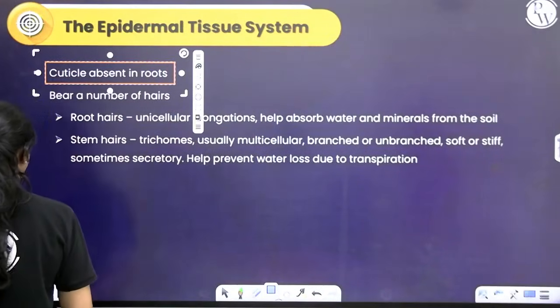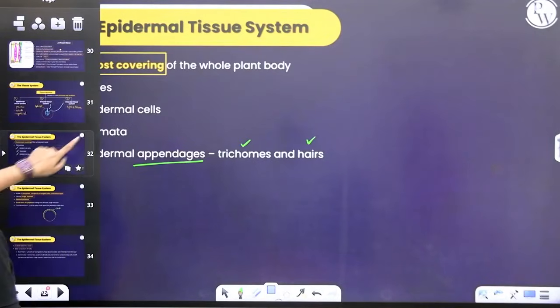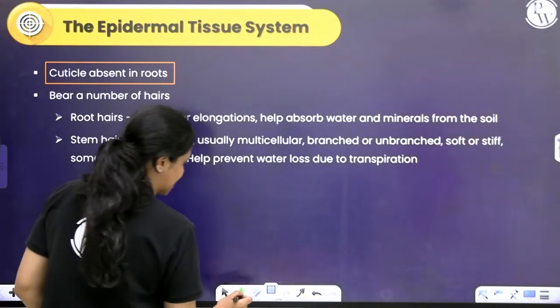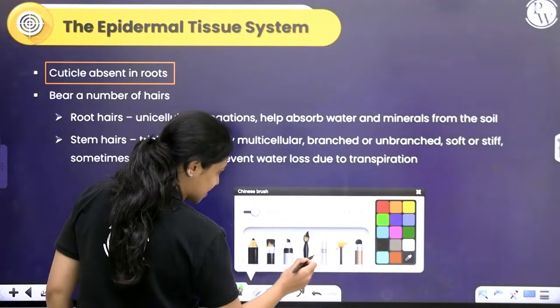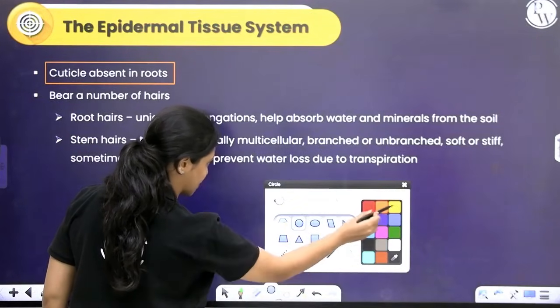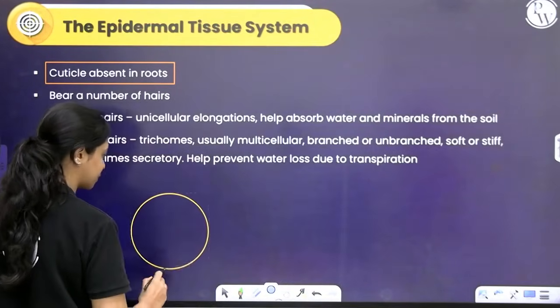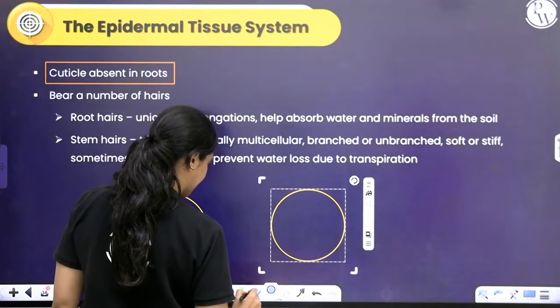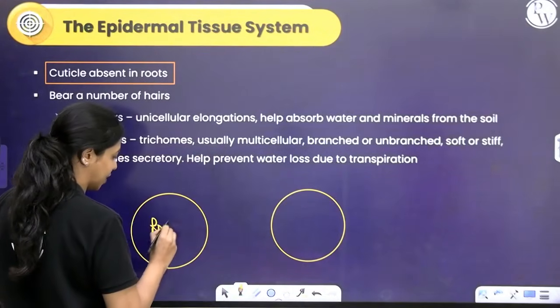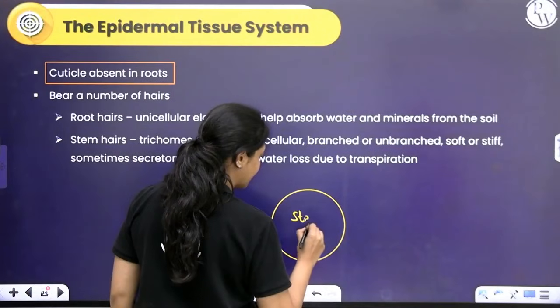We spoke about how are the epidermal cells. I told you about cuticle. Now we have to learn about trichomes and root hair. From the surface of the epidermis, let's say this is the root and this is the stem.